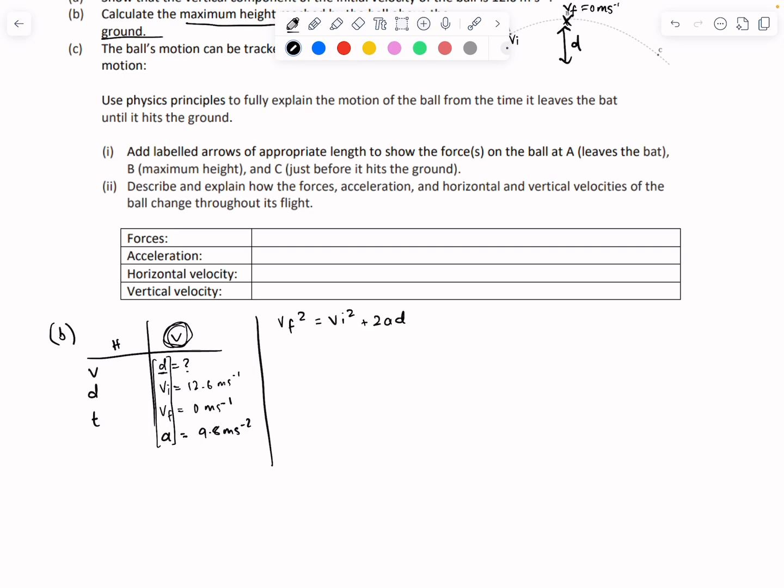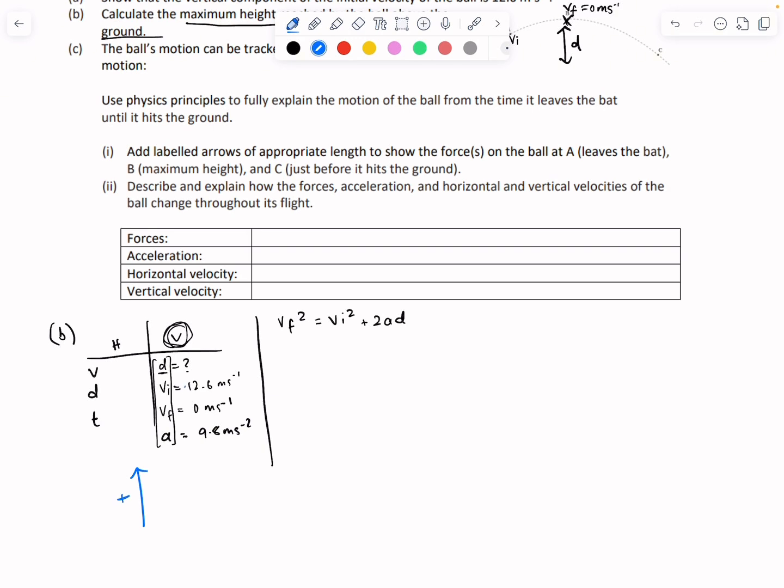Right, before we substitute things in, what we have to figure out are positive and negative vectors, okay? And so, remember what I've taught you, always make the velocity that your object is going in a positive. So, because initially the ball is going upwards, we are going to define this as a positive value.